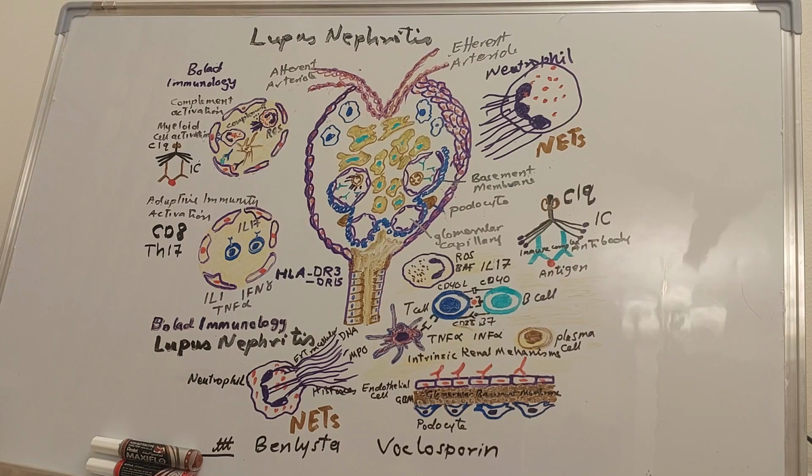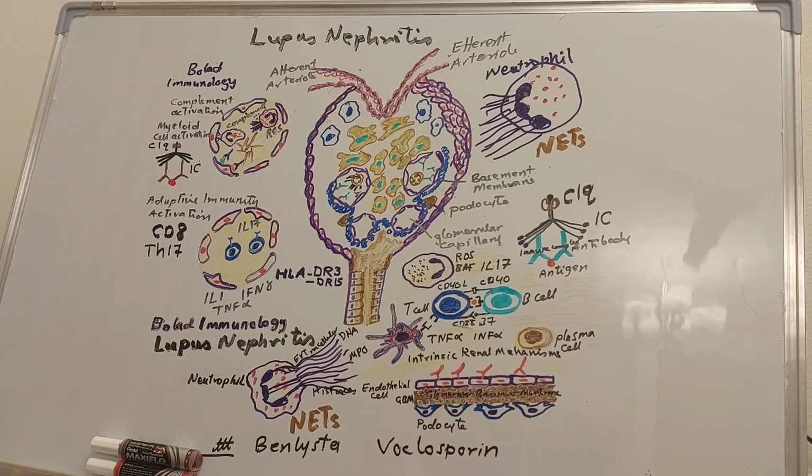And as you know, lupus nephritis is an autoimmune disorder, so the predisposing factors to all autoimmune disorders are not a single factor. Actually, it is a constellation of factors, as I mentioned in a previous lecture.